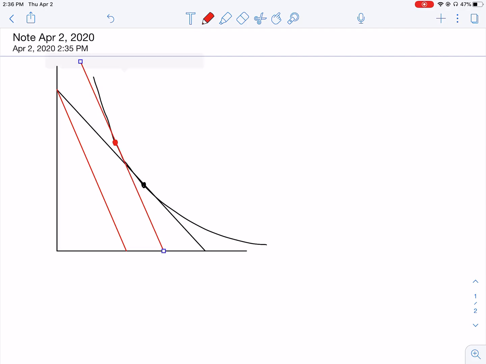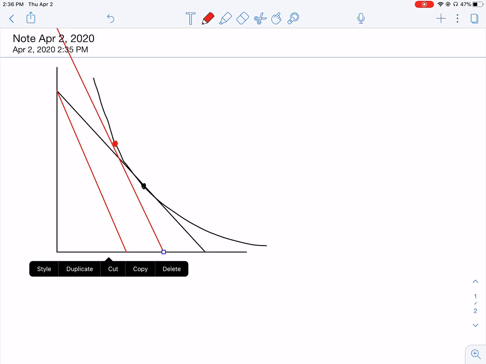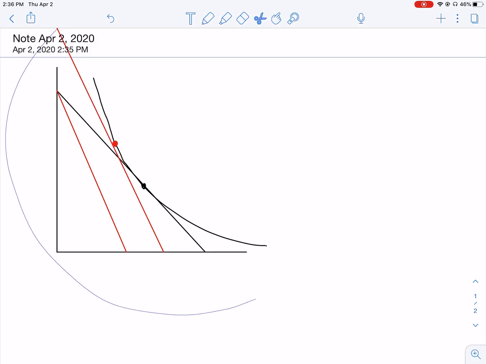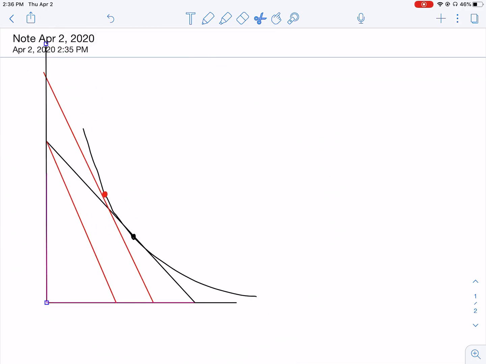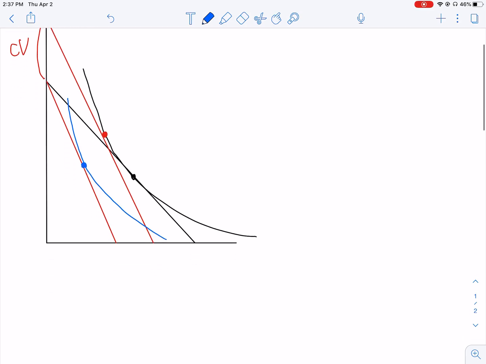And then if you extend it to the y-axis, we can compute the compensating variation here. That's what we have done. And then, of course, in the end, your real optimal consumption will be somewhere here, right?